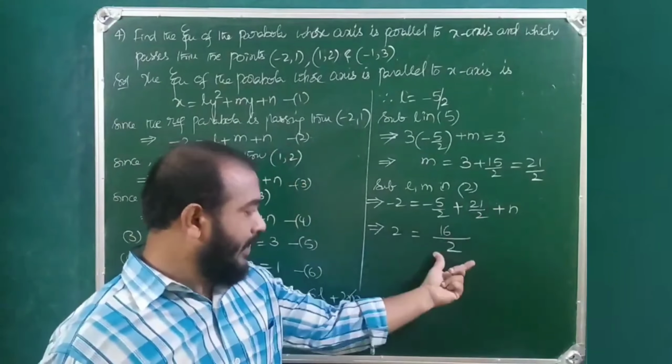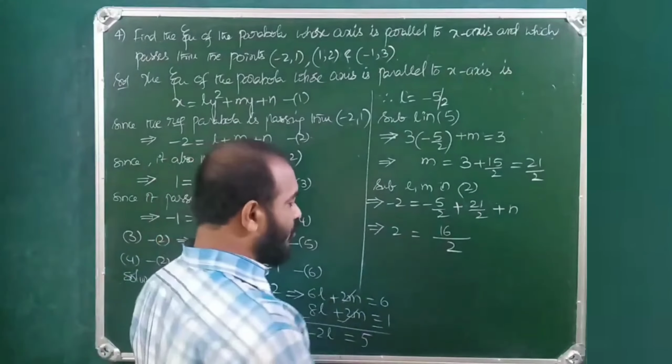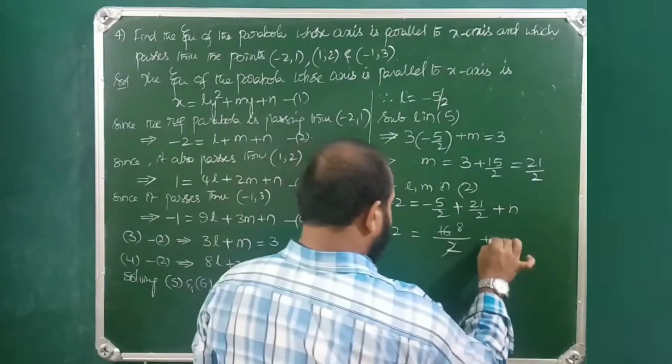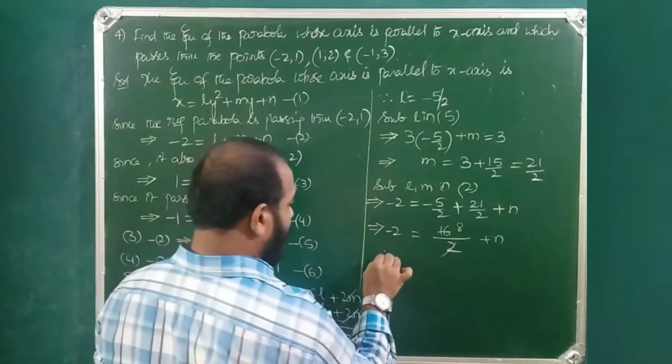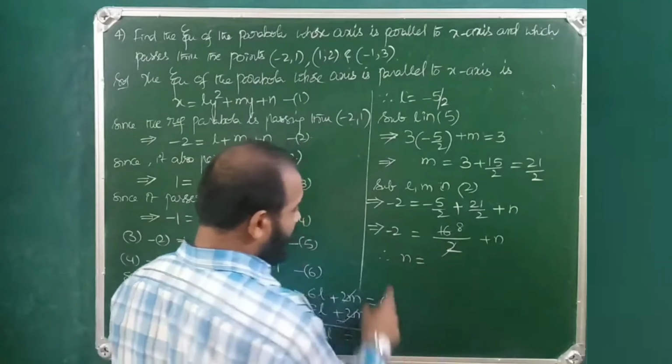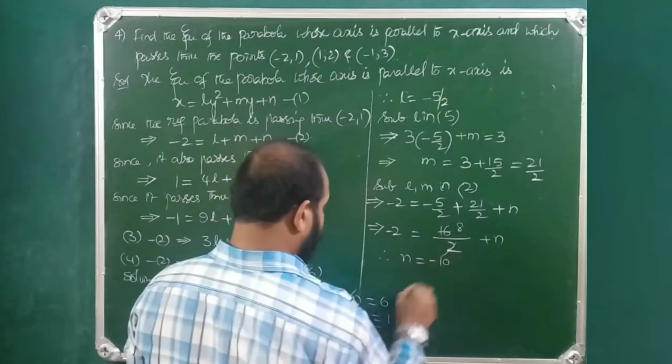So 16 by 2, this is 8, plus N. This is minus 2. Therefore, this N value is minus 2 minus 8, minus 10.